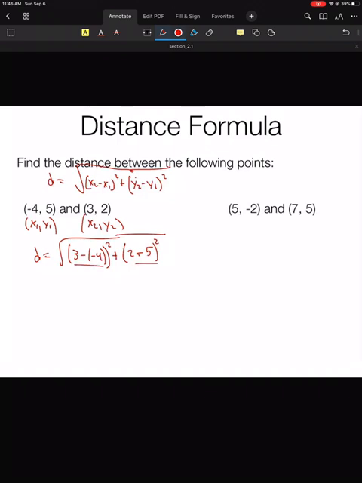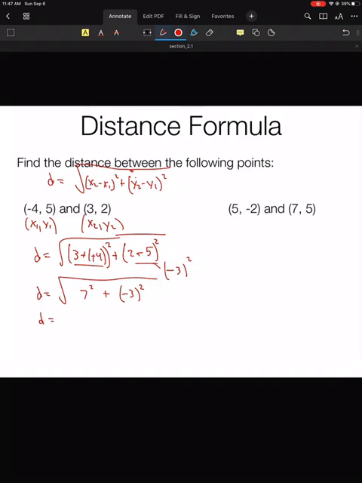Okay, we have to do the stuff inside the parentheses first. The square root of 3 minus -4, the 2 negatives become 1 positive, and so that's 7 squared for that first part. The second part is 2 minus 5, so that's -3 squared.